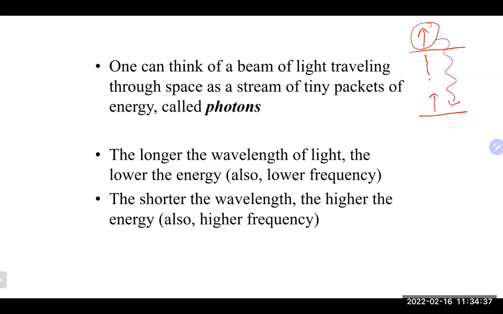Would the atom need to gain or lose energy? It would have to lose energy, right? As that electron transitions down, it has to lose energy to go from a higher state of energy to a lower state of energy.